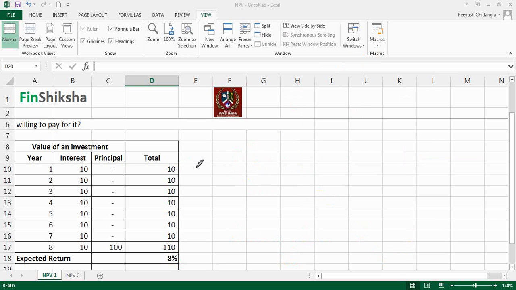So effectively, we're going to divide this 10 by 1 plus 8%. We're going to divide this 10 by 1 plus 8% to the power 2 and so on and so forth. Correct?